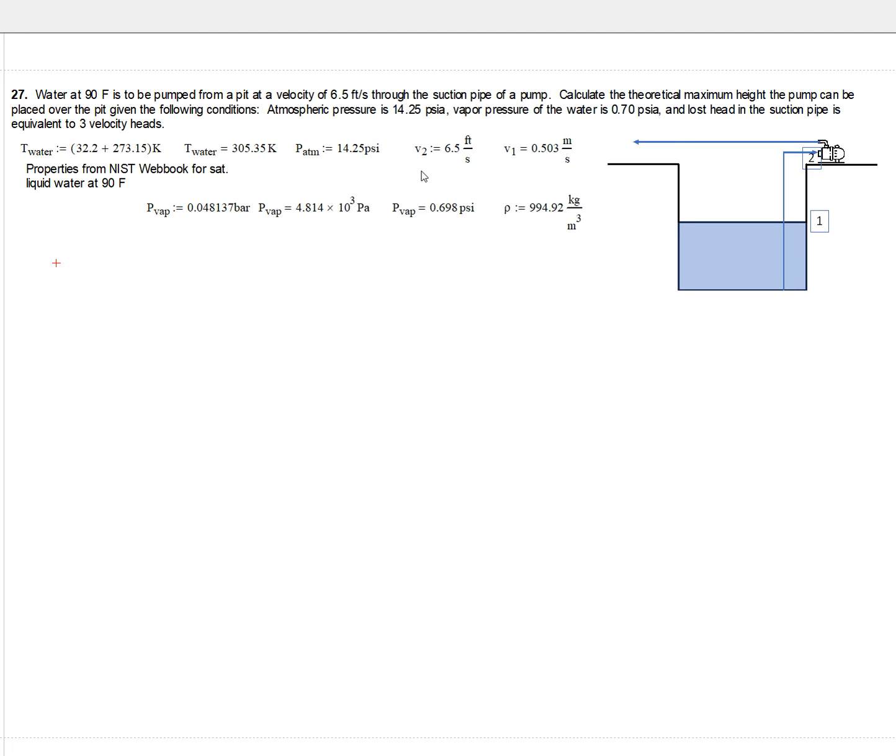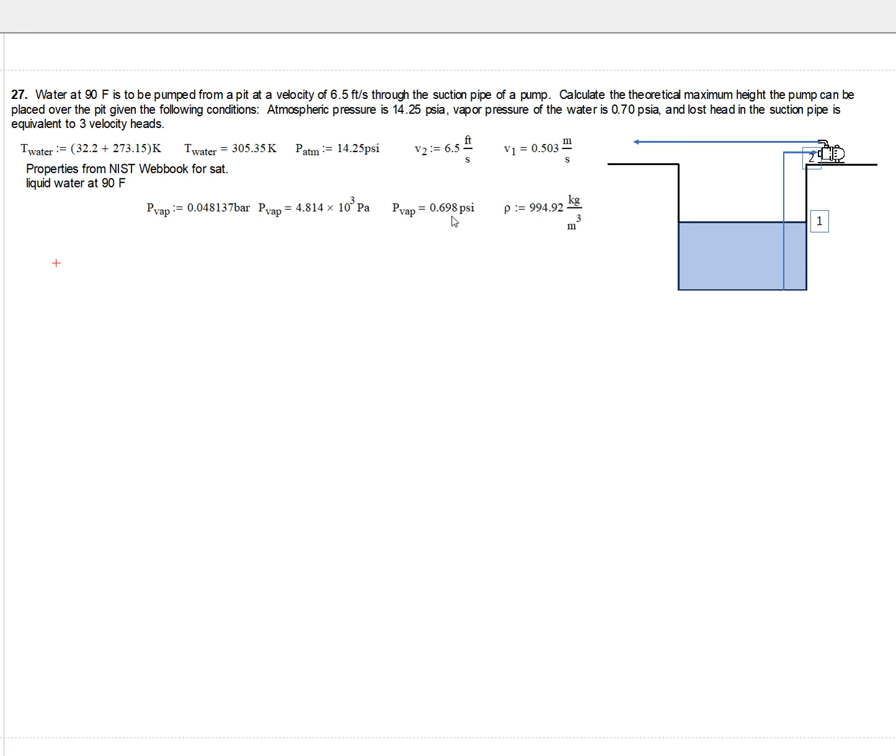I went ahead and looked up, because sometimes in these books where problems are given there are errors, and I confirmed that the vapor pressure of water at 90 degrees Fahrenheit is indeed about 0.7 psi. I looked it up in the NIST web book and it came out to 0.698. That's pretty close.